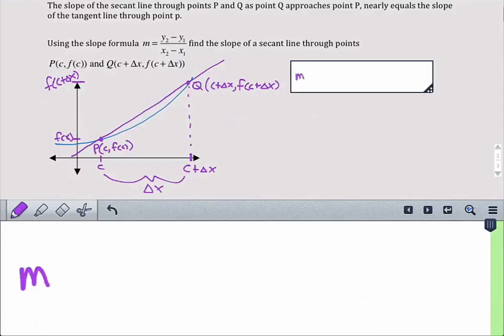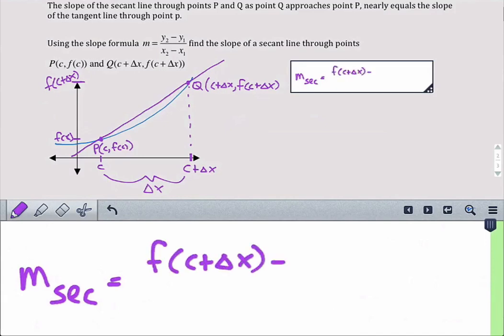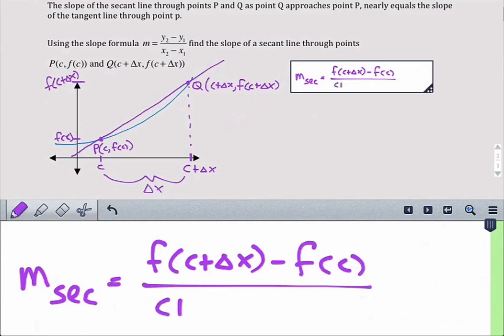The slope of our secant line is going to equal y2 minus y1, so that's f(c + Δx) minus f(c), over x2 minus x1. Well, x2 is c + Δx, and x1 is just c.